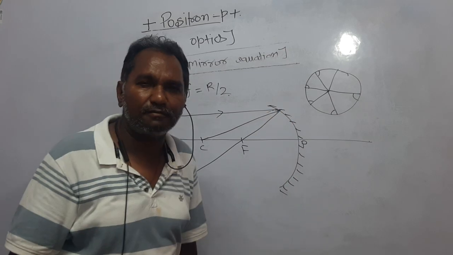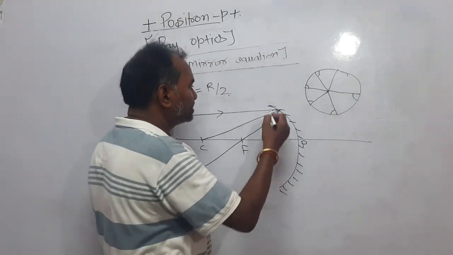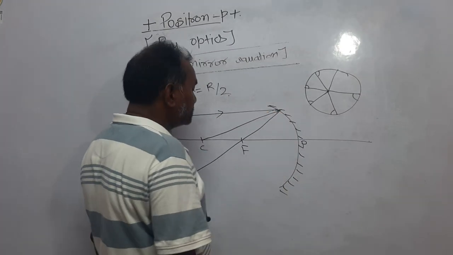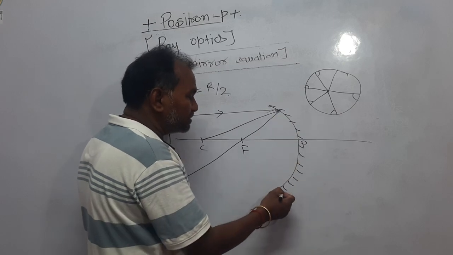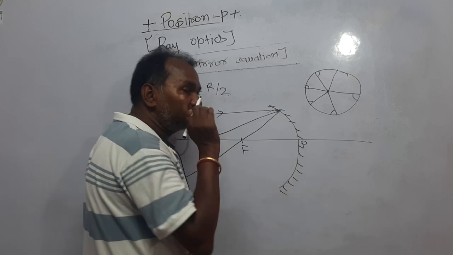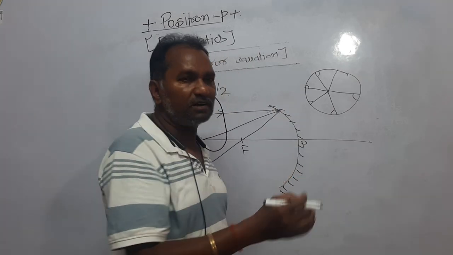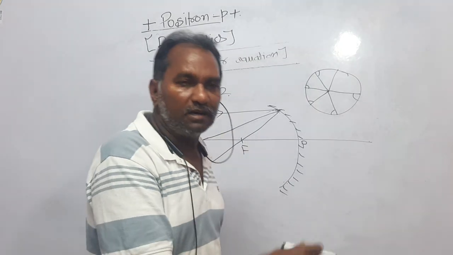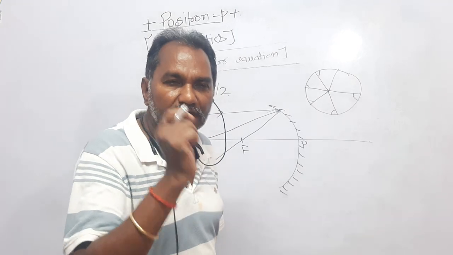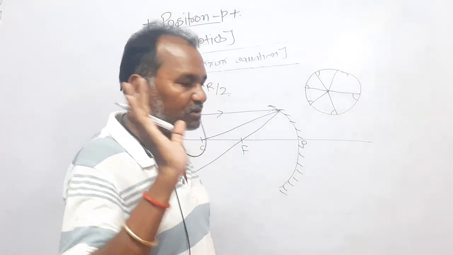Actually it is the point of incidence of the ray, so this is a normal. Wherever on the surface of the concave or convex mirror you draw the line, it will meet the center of curvature.